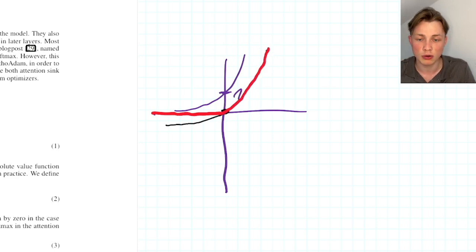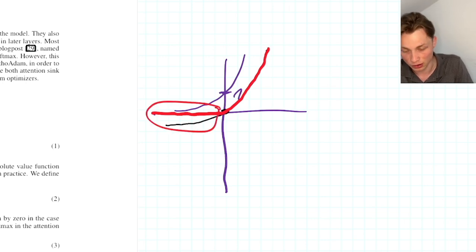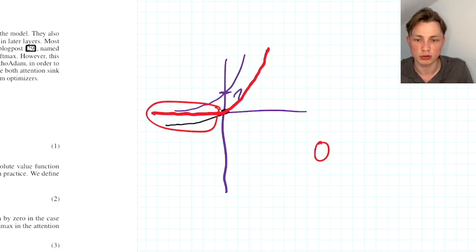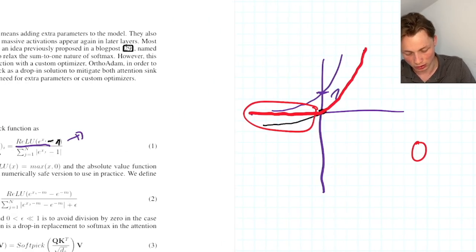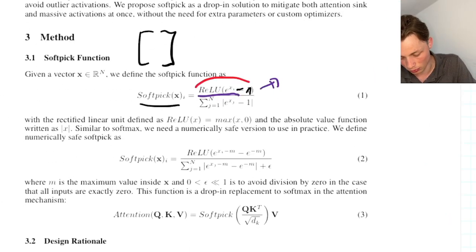Okay, so if we now have a negative dot product between one query and one key, this is the result of it, that we get 0 as the attention value between this token for this query and the corresponding token for the key. Okay, so this is why the authors did the change in the numerator.